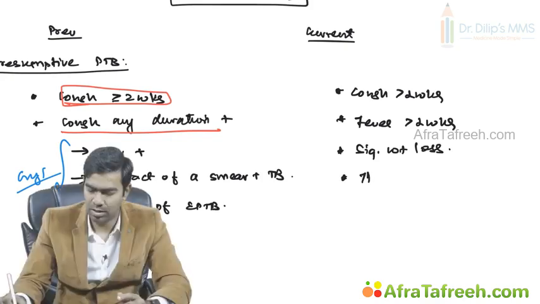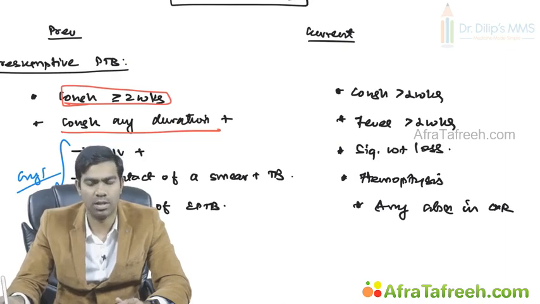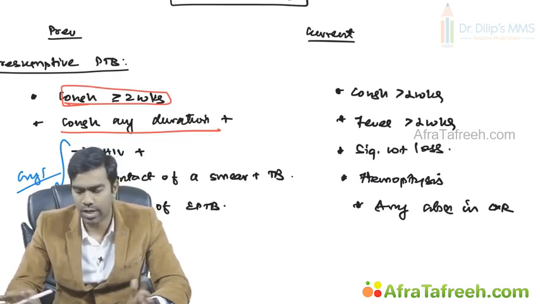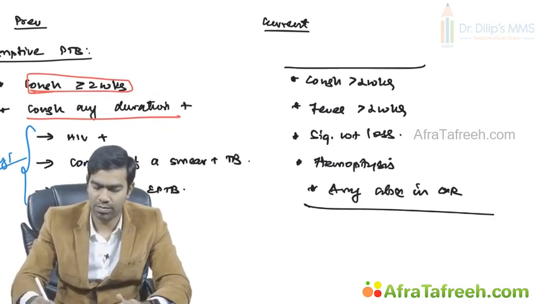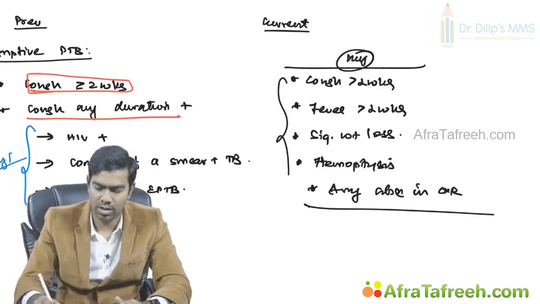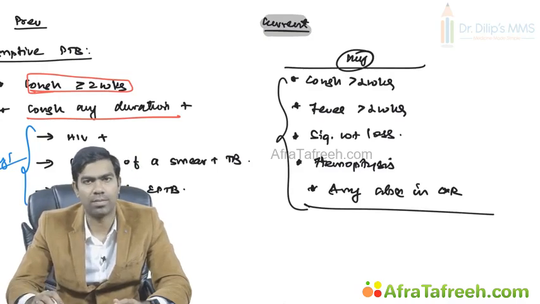Next, any patient with hemoptysis, or any patient with any abnormality in the chest X-ray. I told you TB can produce any kind of abnormality, especially in countries like India. So any chest X-ray abnormality will be taken as presumed pulmonary TB. If any of these things are present, you can take it as presumed pulmonary TB as per the current definition. Understood?